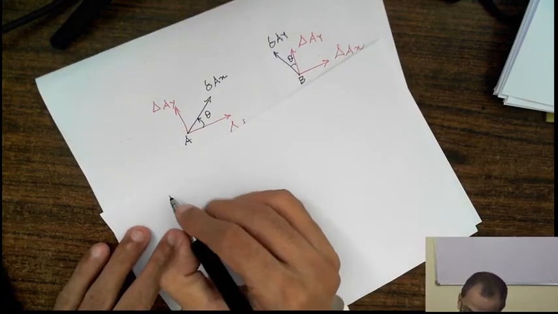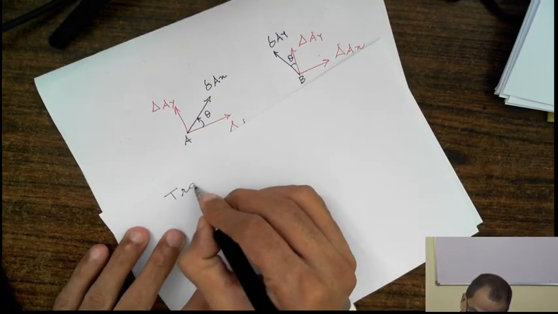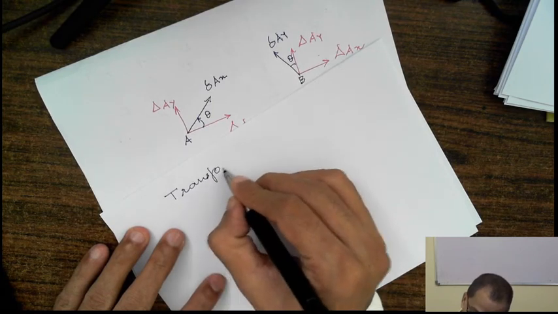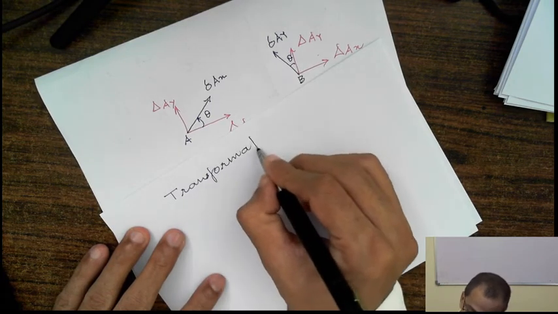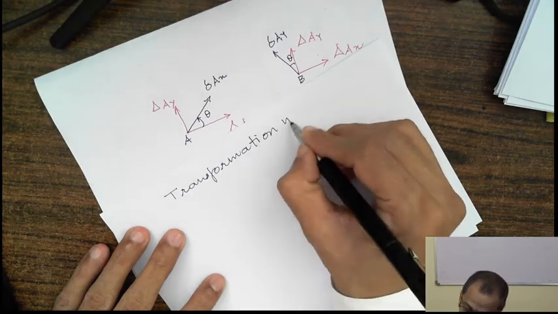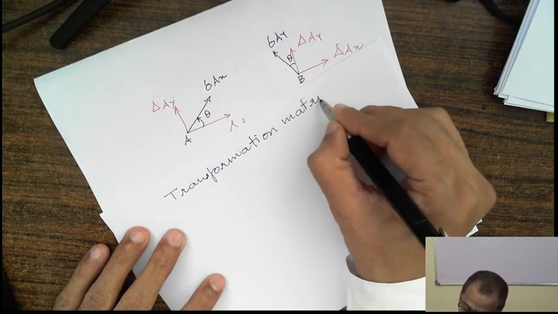So the transformation matrix T looks like this.